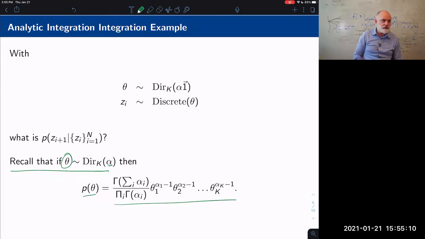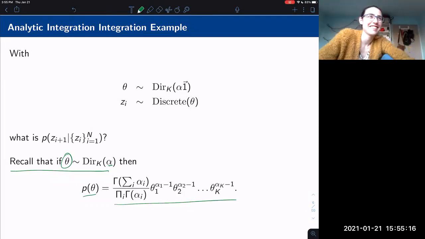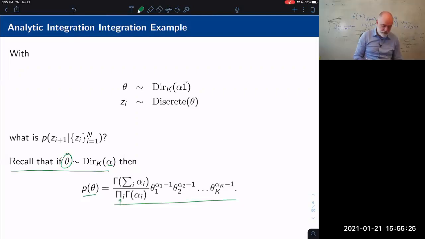Is the staple in the denominator a pi for product? Yes, this is a product, and this is the gamma function, which has a recursive definition.